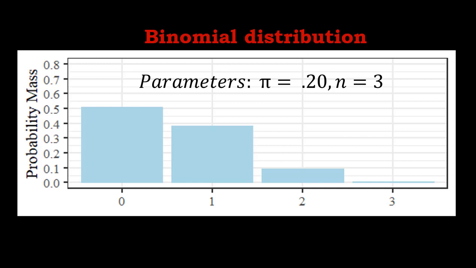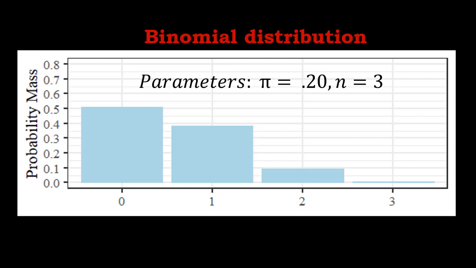So I've already explained how we expand using the drone metaphor, but when we use distributions, we have to know the parameter pi is 0.20 and n equals 3 at this stage.